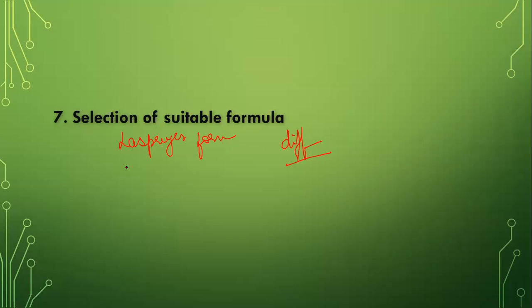To select this data also depends upon your objective. That is more important. When you select a particular formula also, your objective has to be taken into consideration. So for the selection of suitable formula, again you should know which formula has to be taken into consideration. Then only can you get an accurate result. That is selection of suitable formula.